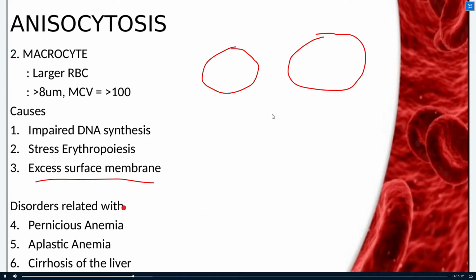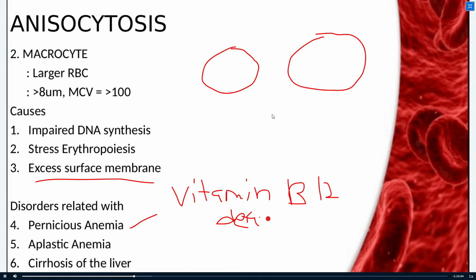In pernicious anemia, kindly write this down, this is caused by vitamin B12 deficiency. Class, can you tell me the other name of vitamin B12? What's the other name for your vitamin B12?